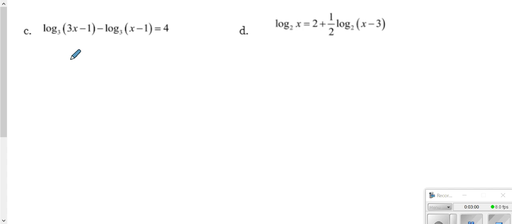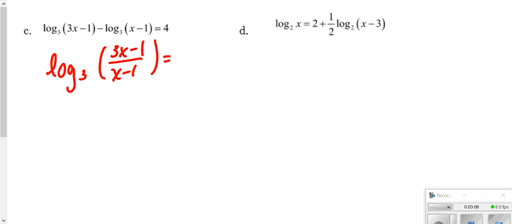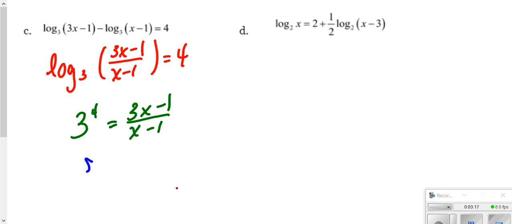So this subtraction is going to be a division statement. And because I just have a log on one side, I'm going to use exponentiation, switch it to exponential form. 3 to the 4th is 81, so I'm going to say this is 81 over 1. And then I would cross multiply to solve. I'll show you that on the next slide.